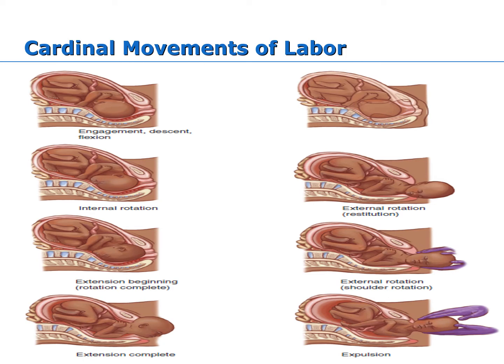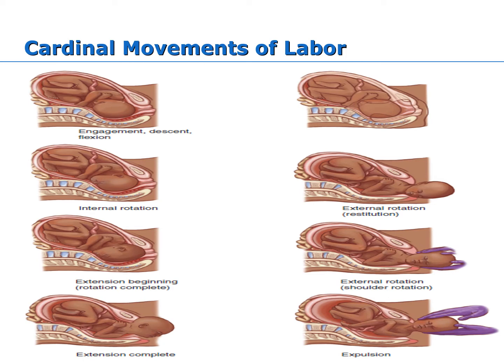So there's specific movements of labor that the baby and also the pelvic floor muscles, the vagina, the cervical dilation, those uterine contractions, all these things work together to produce these cardinal movements of labor, okay? So the first one is engagement, the greatest transverse diameter of the head, okay? It's usually at 0 station. So that head enters the pelvis with a sagittal suture aligned in the transverse diameter.